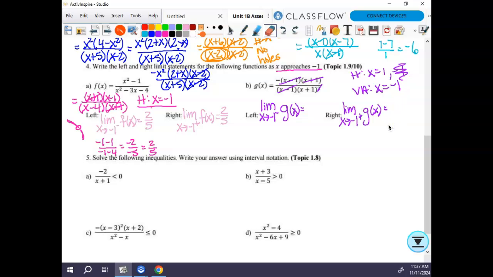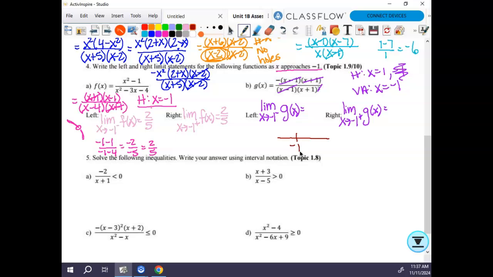When I make my sign chart, I definitely need to put my negative 1 on there. You should also put any other zeros or asymptotes you have on there. I don't have any other ones, so I'm just going to leave that, but I would put it there just to have my parameters if necessary.